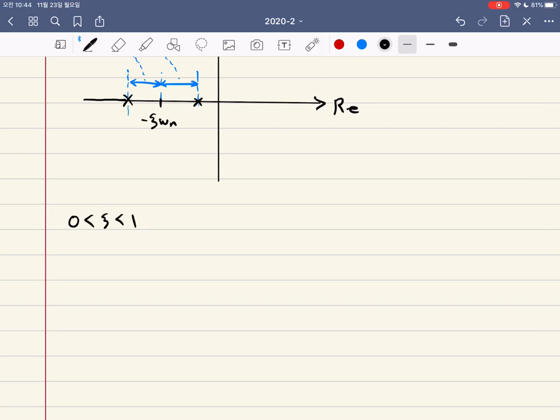the first case, if zeta is bigger than 0 but smaller than 1, this is called underdamped type. And if zeta equals 1, then you say that it's critically damped.